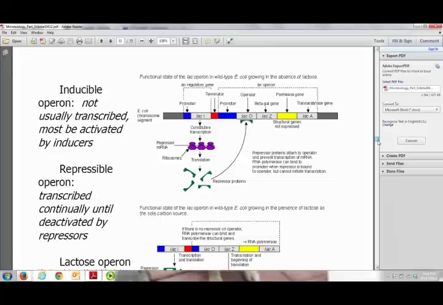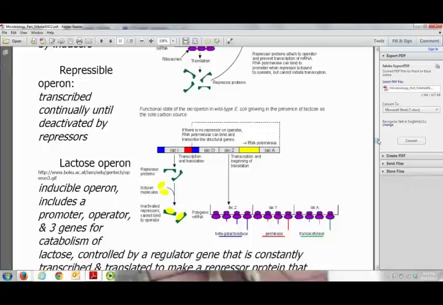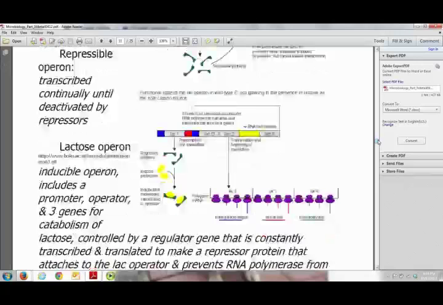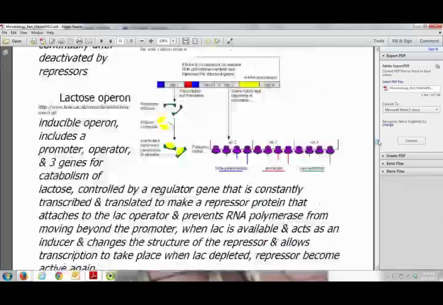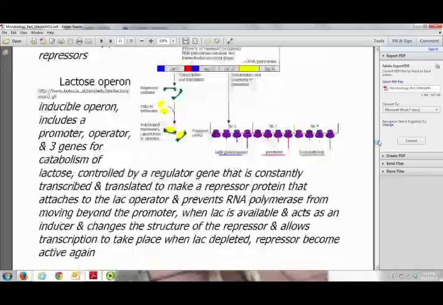So here we've got an illustration that shows the lac operon. And the lac operon, or lactose operon, is considered an inducible operon. It's going to include a promoter, an operator, and 3 genes that are for the catabolism of lactose.